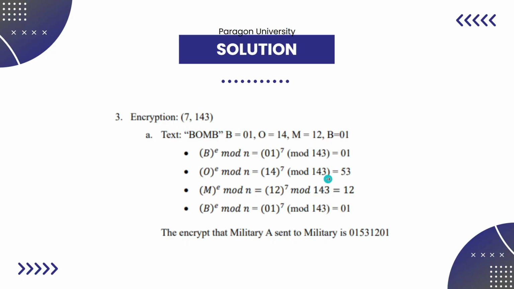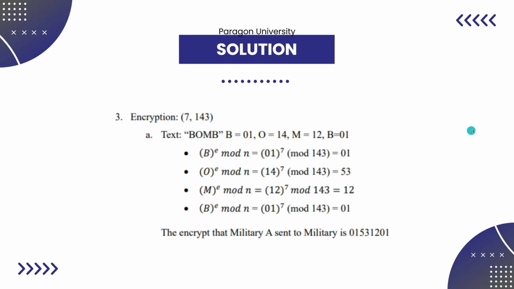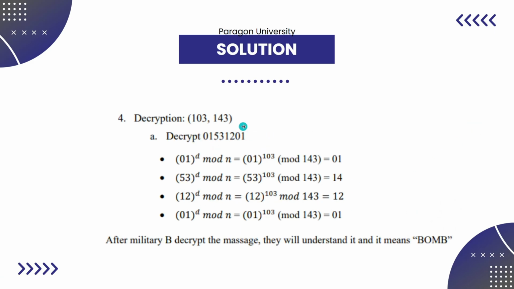The following steps are the same, as you can see, and all of these numbers are encrypted. Military A is going to send that message, 01, 53, 12, and 01, to military B to decrypt it, and the private key is this one. We must understand that keeping this code secret is really important.